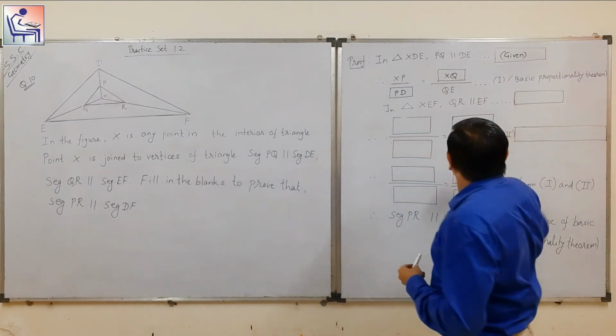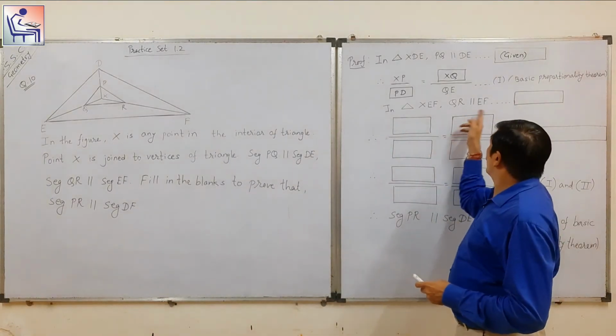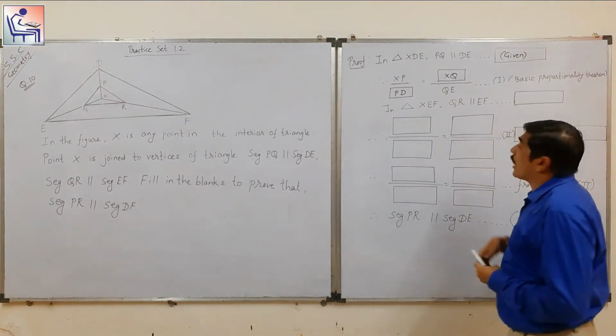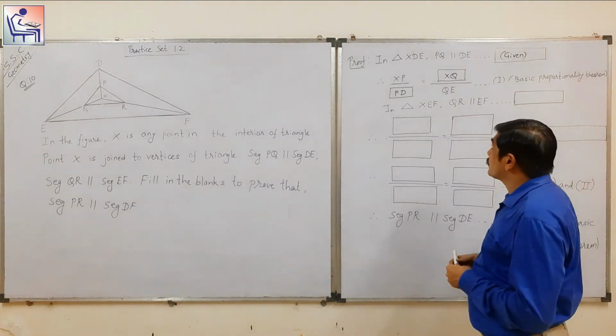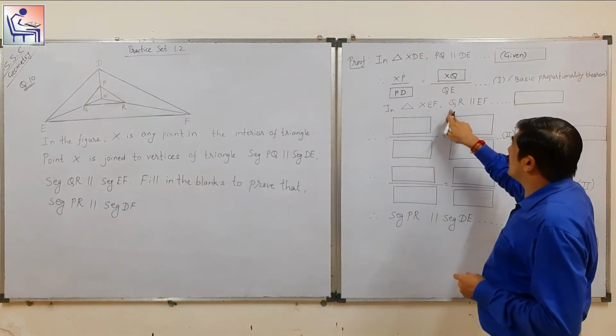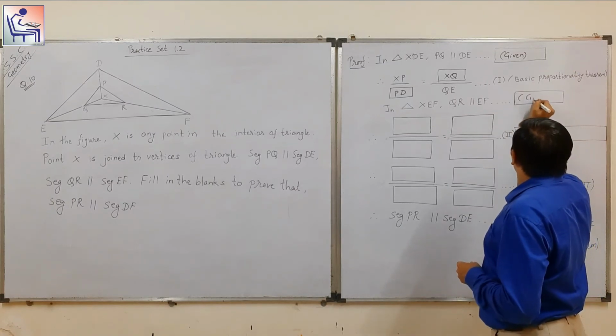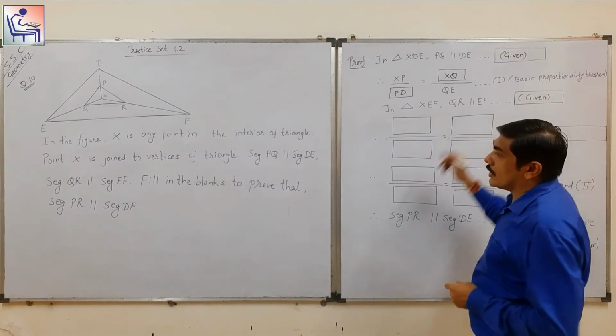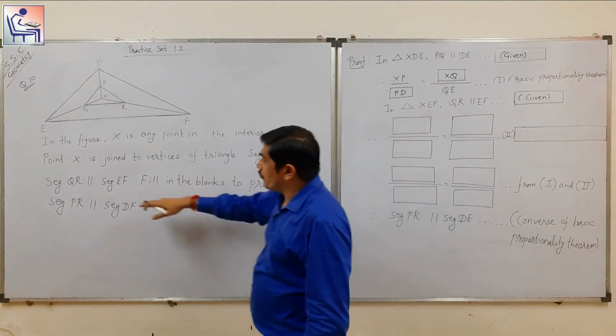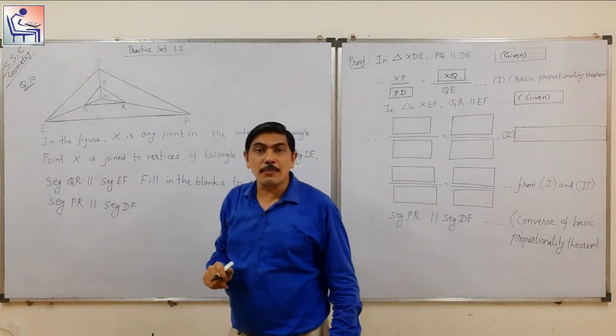By basic proportionality theorem. In triangle XEF, QR is parallel to EF. This is also given to you: segment QR is parallel to segment EF.